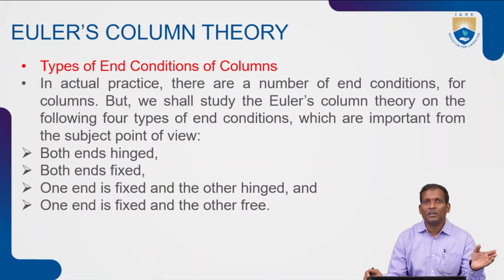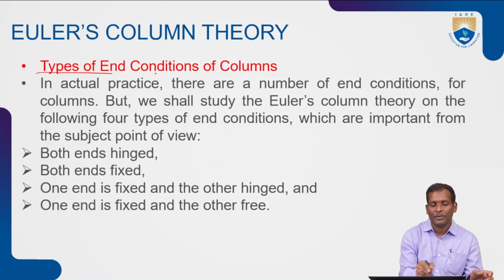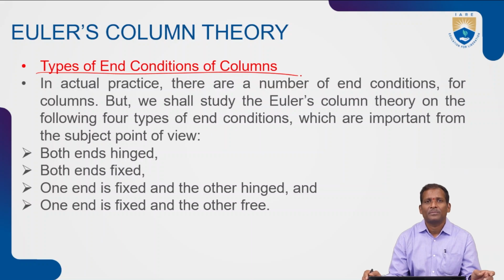So the types of end conditions of columns are very important. In actual practice, there are a number of end conditions for columns, but we shall study Euler's column theory on the following 4 types of end conditions, which are important from the subject point of view.